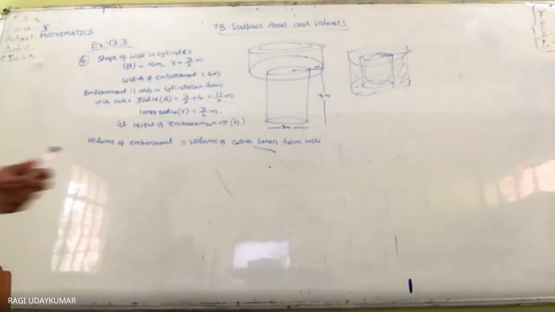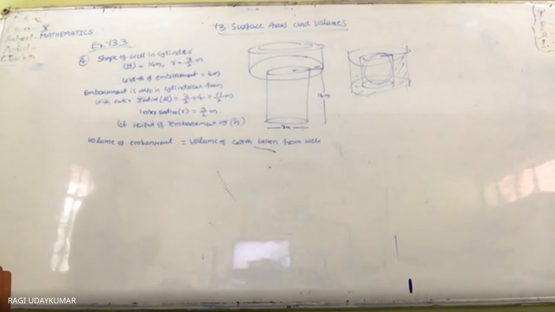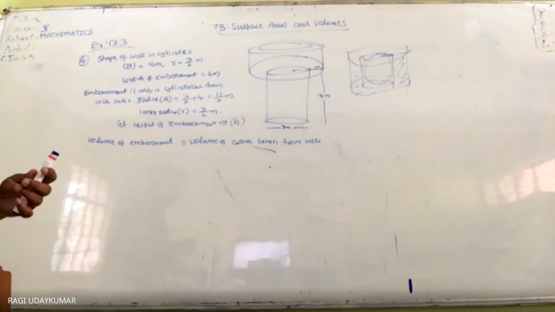So how do you find out the volume of the embankment? Pi capital R square h minus pi small r square h, because it is the difference between the two volumes, since it has some thickness.